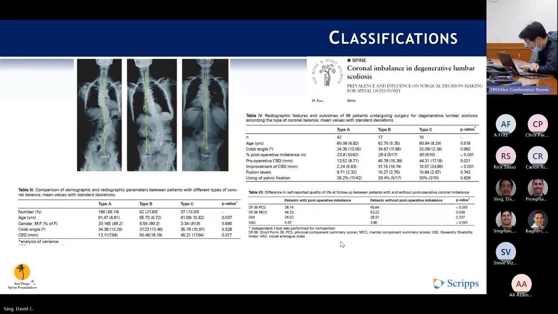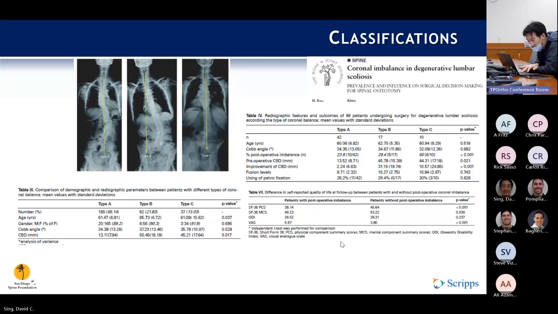Type A meant that they're within 3 centimeters, and if they're greater than 3 centimeters, type B and C had to do with whether the C7 plumb line was displaced toward the concavity of the deformity versus the convexity of the deformity.